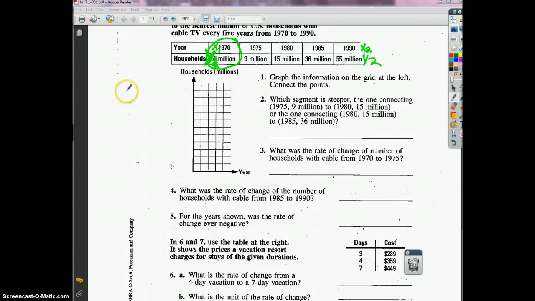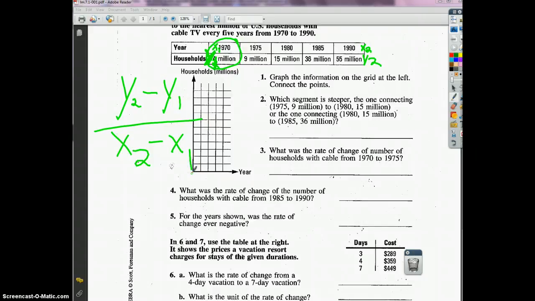Again, the formula is Y2 minus Y1 over X2 minus X1. You're plugging in the same exact thing, that's the rate of change.